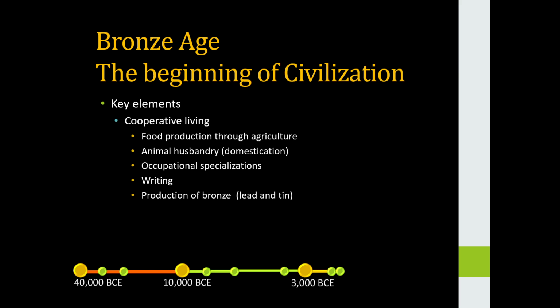And last but not least, what makes the Bronze Age is the production of bronze. And bronze is a combination of copper and tin. Now this production of this metal allows us to have better tools, therefore better weapons, and with better weapons, larger empires, which gets us to Mesopotamia.